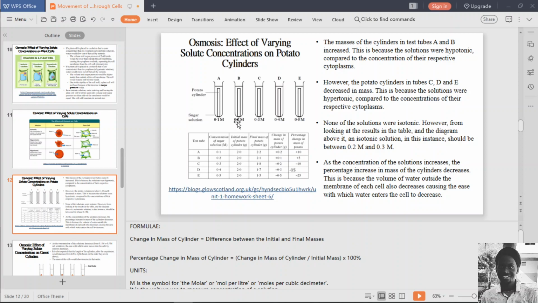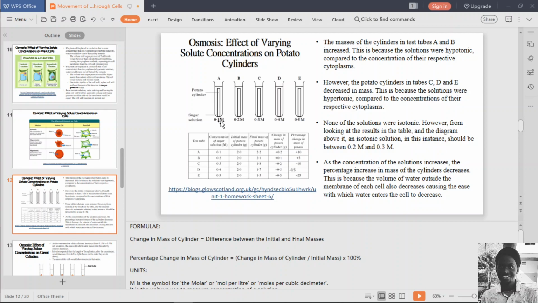Okay, so because the concentration outside the cell was lower than the concentration inside the cell, you had more water outside than inside. So water moved from where you had more of it to where you have less of it. Or another way you could say is that the solid concentration outside was lower than the solid concentration inside.